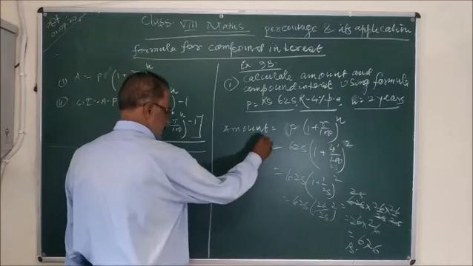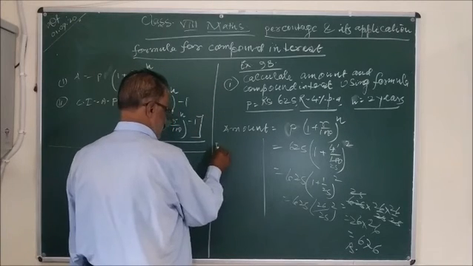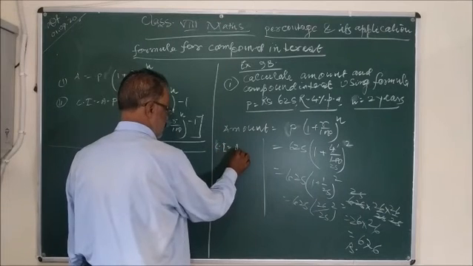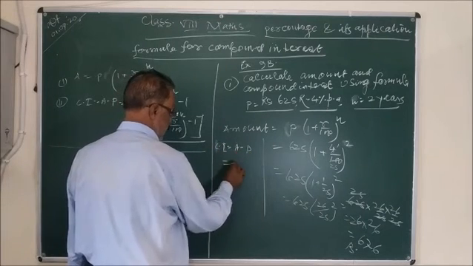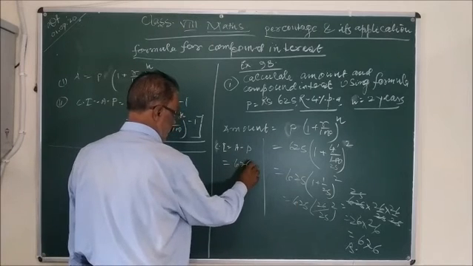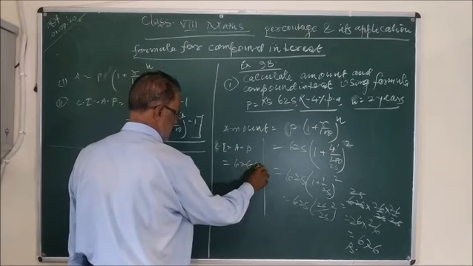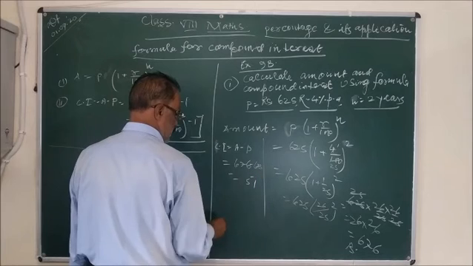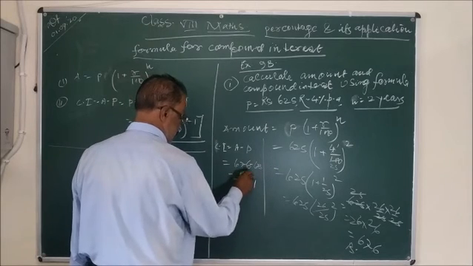Now you find the compound interest. Compound interest means A minus P. So we have A as 676 minus principal 625. You will get 51, and this is the answer.